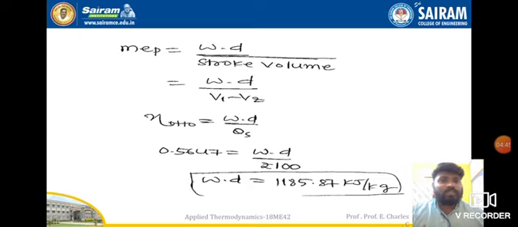We know the efficiency of Otto cycle is 0.56, that is 56%, equal to work done divided by heat supplied, which is given in the problem as 2100. So the only unknown is work done. We can find the work done easily: work done is equal to 1185.87 kilojoules per kg. So we have found the efficiency of Otto cycle and work done very easily.